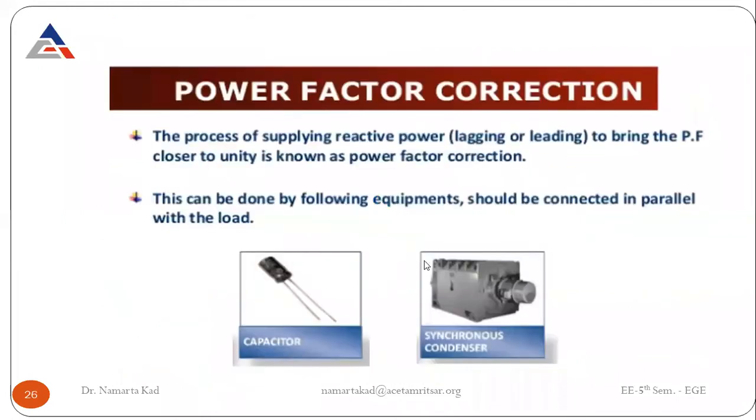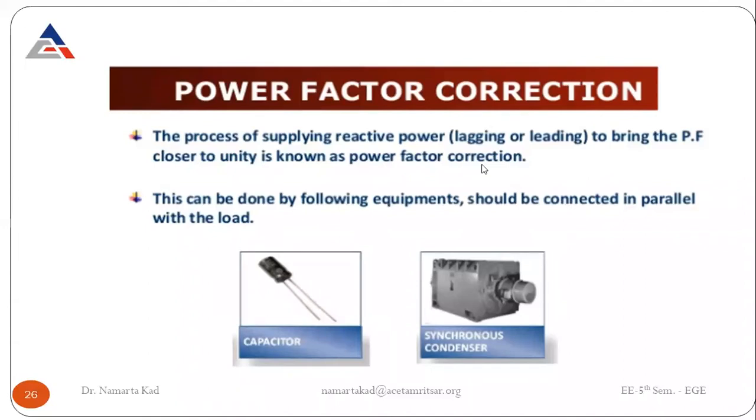Now, the various devices used for power factor improvement are, one, the capacitors, and another, the synchronous condensers. The process of supplying reactive power, lagging or leading, to bring the power factor closer to unity is known as power factor correction.